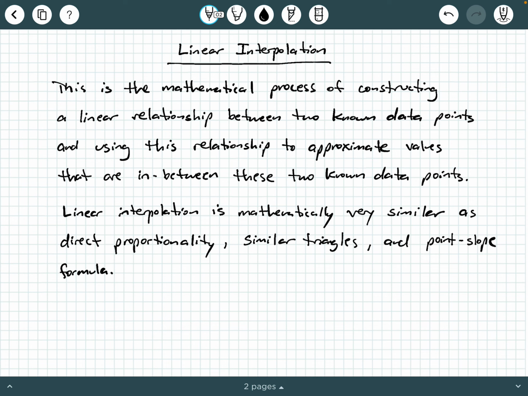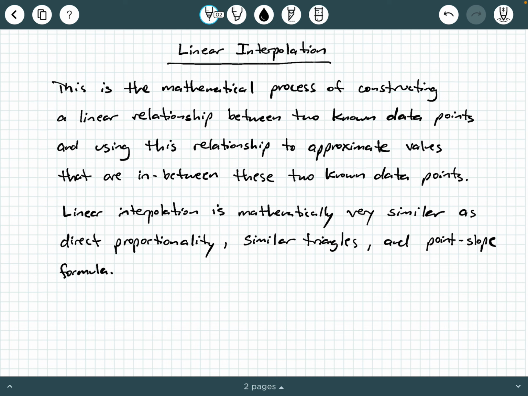So what you do with linear interpolation, you can apply direct proportionality, similar triangles, or point slope formula to get the same result. It's just that linear interpolation seems to be more convenient for tabulated values.